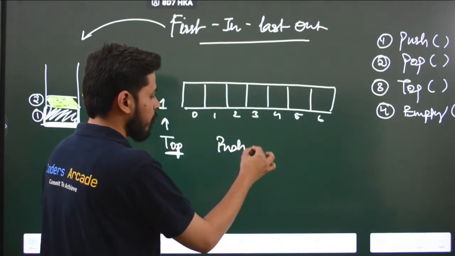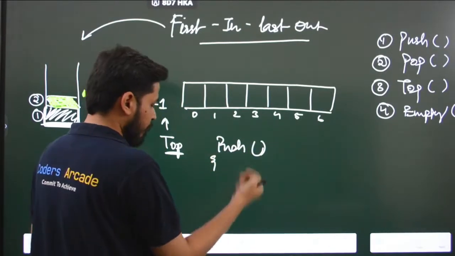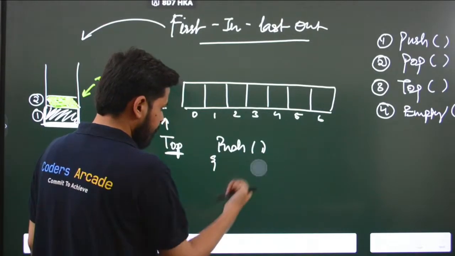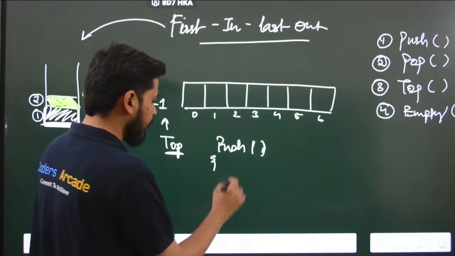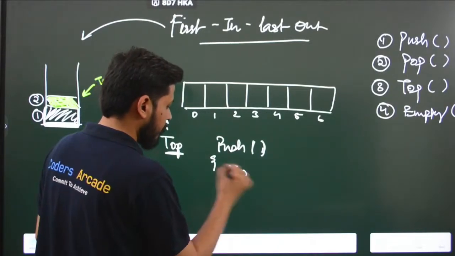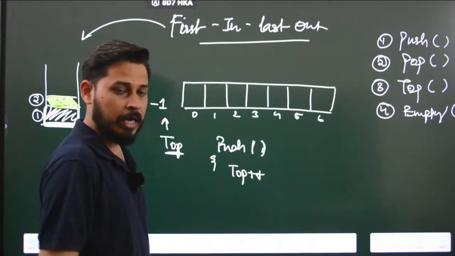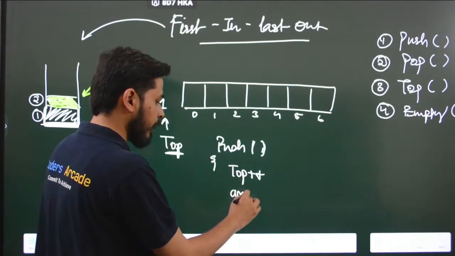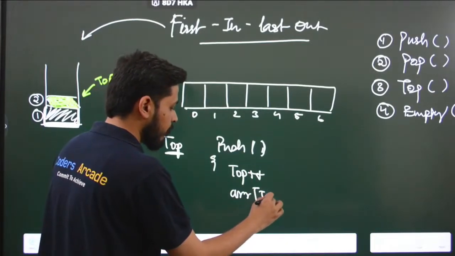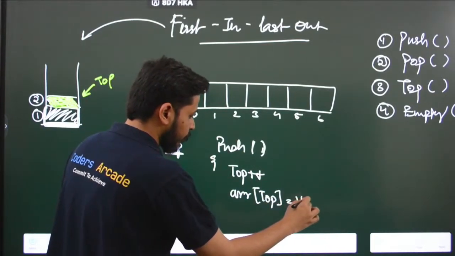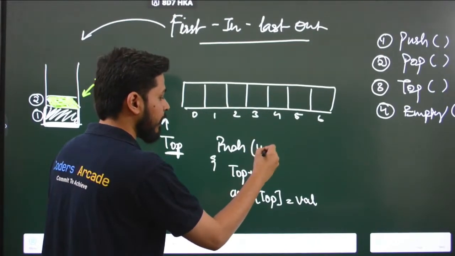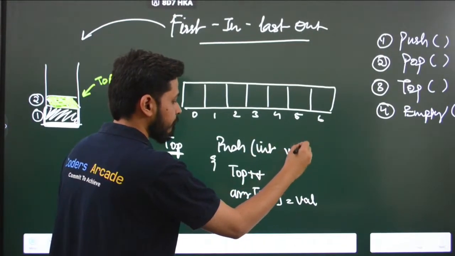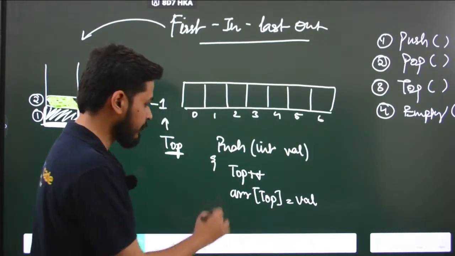Push logic would be: increment the top, top plus plus, and using the array notation ARR of top, put the value, if the parameter of push is provided, int val. You got this, everyone?